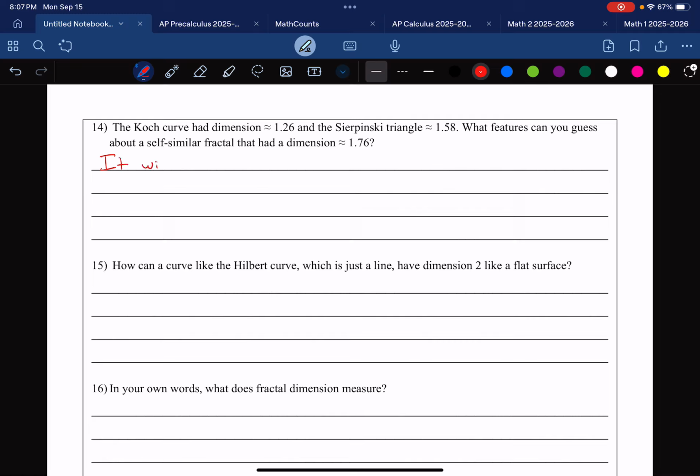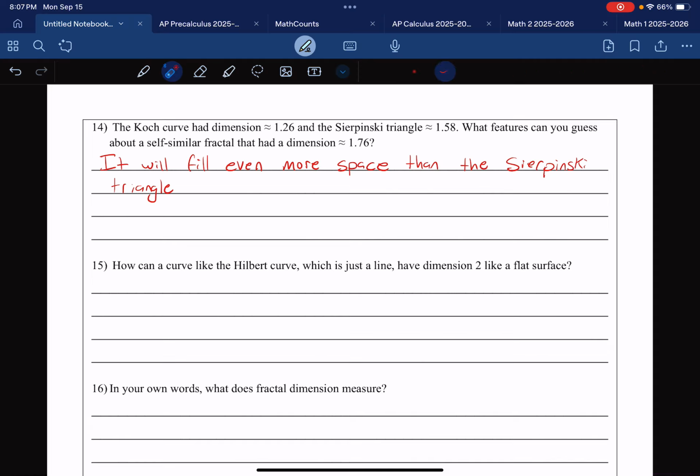It will fill even more space than the Sierpinski triangle. Or if you take the reverse of that, it will have even less empty space, right?